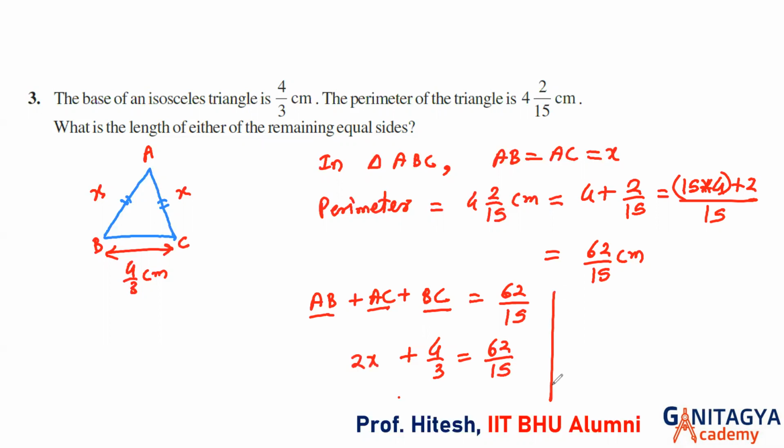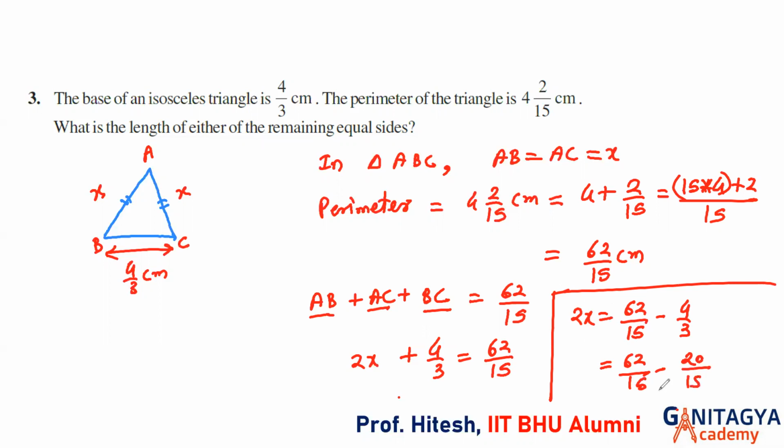Hence I will write 2x is equal to 62 upon 15 minus 4 by 3. That is nothing but 62 upon 15 minus 20 upon 15, that is 42 upon 15, which is 2x.